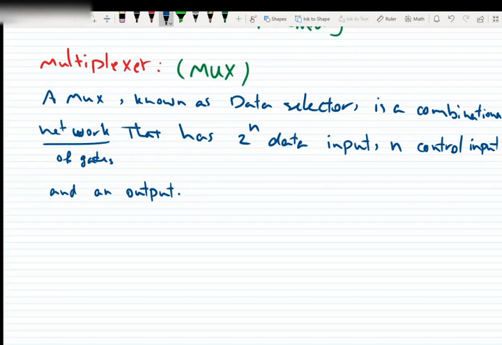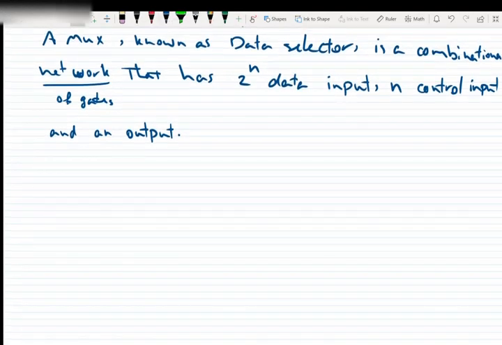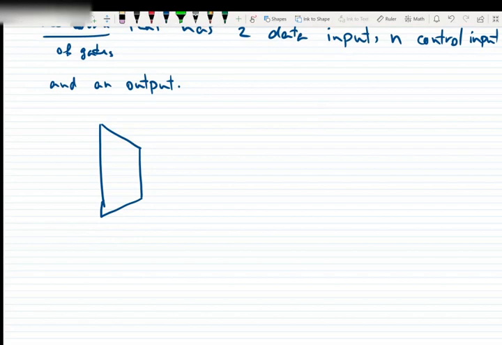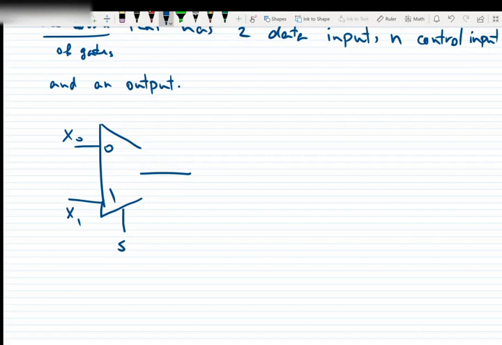Okay, let's see how it works. Here is a multiplexer. The simplest multiplexer has 2 to the power of 1 inputs, which is 2 inputs, x0 and x1, and a select input as the control input, which is 1, and 1 output.